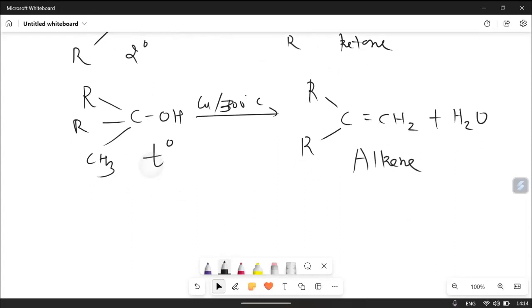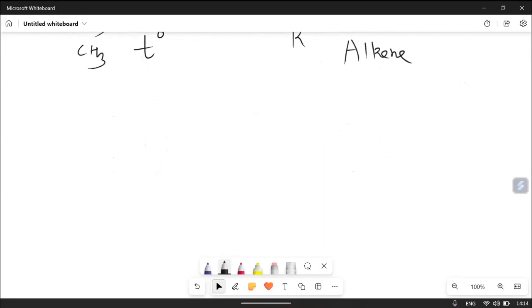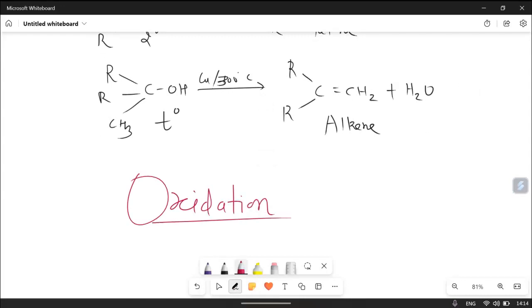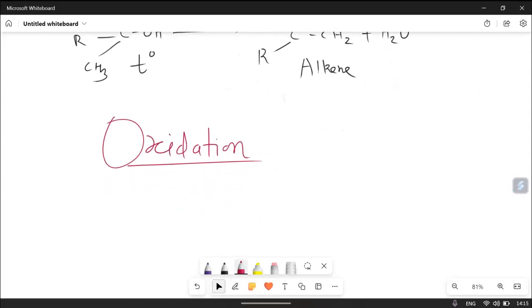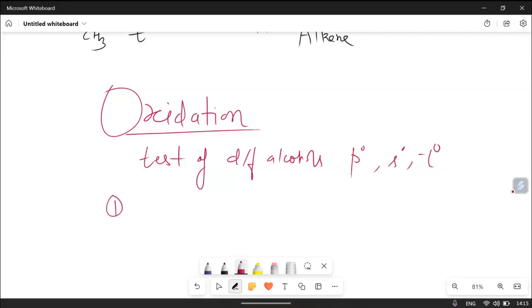The next reaction which we are going to discuss is oxidation, a very important part of the reaction. Oxidation of alcohol. Let's start. So oxidation is a test of different alcohols like primary, secondary, tertiary, because of the different products.